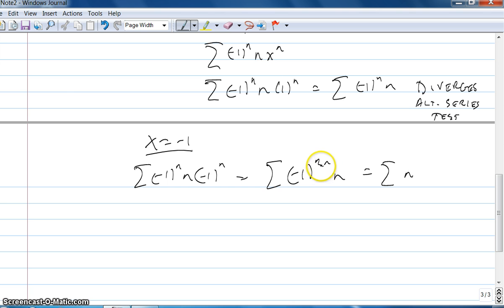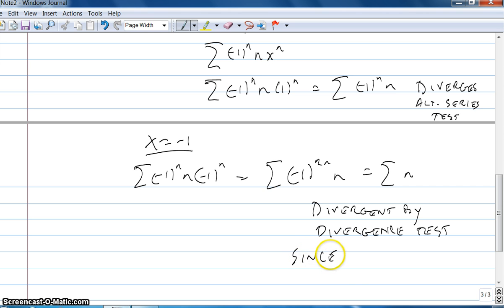If this is a power of 2, then it's positive, and the negative doesn't really matter, so it's just a series of n, and of course this fails. This is divergent by the divergence test, since the limit does not go to 0.